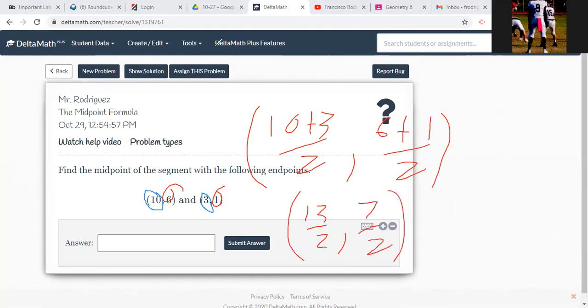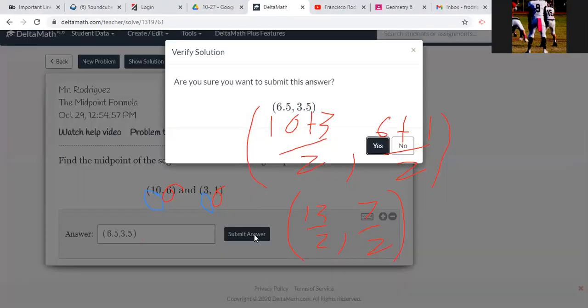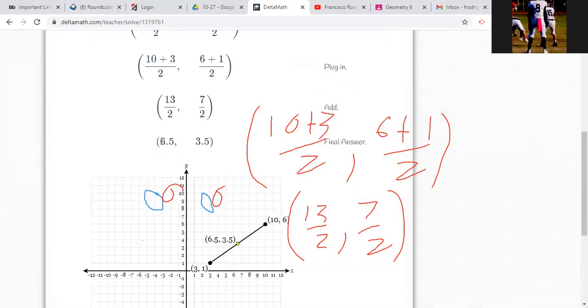I believe we can put the answers like that, or you can put them as a decimal, whichever you prefer. So 13/2 is 6.5. So you have to put the parentheses, 6.5, and 7 divided by 2 is 3.5. And just make sure to close the parentheses. And that should be our answer right there.